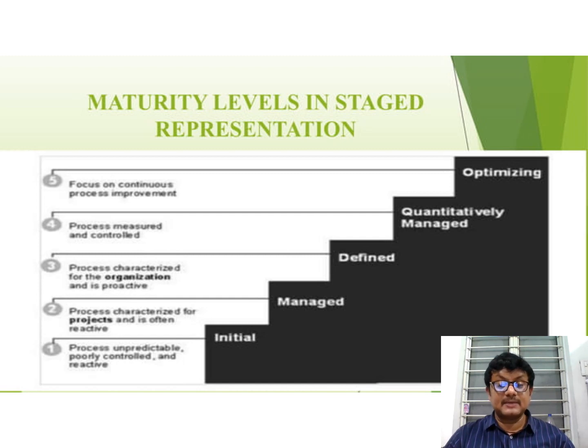What is the third step? Defined: the process is characterized for the organization and is proactive. What is the fourth one? Quantitatively managed: the process is measured and controlled. And what is the last one? The fifth one, optimizing: focus on continuous process improvement.